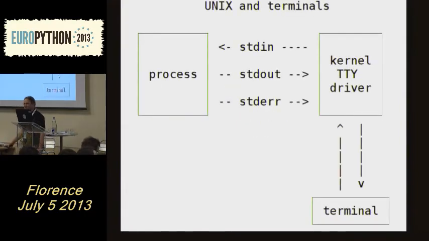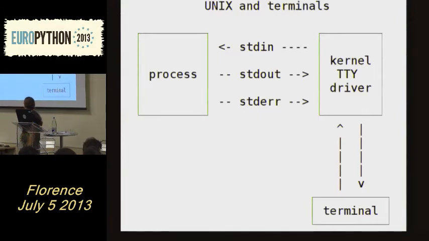Then a bit later came Unix and said everything's a file. So normal files are files, disks or partitions are files. Anything you can read from or write to is a file. So a network socket, a pipe. So terminals also are files in Unix.